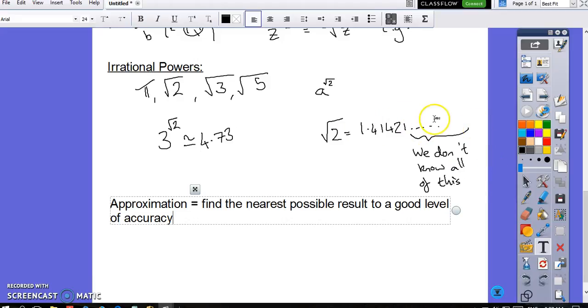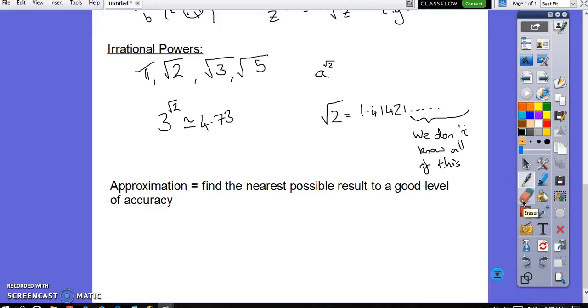A few decimal places would do, and then we have a slightly rounded answer that we know is correct to a certain number of decimal places. And actually, that's all your calculator does, because it doesn't use the whole infinite expansion of the square root of 2. It just uses quite a lot of the numbers, and then comes out with a good approximation that's correct to a good few decimal places.